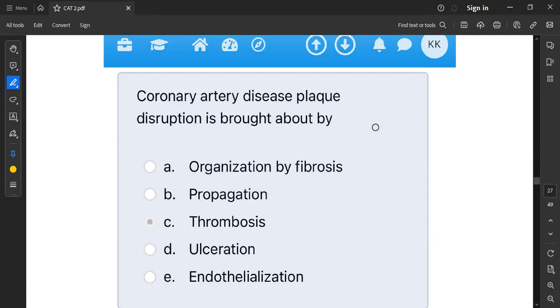And therefore it will go probably upwards and cause strokes and probably problems with the kidney, anywhere else that it might lead to. So the ultimate thing that causes this thrombus to break off is usually ulceration.